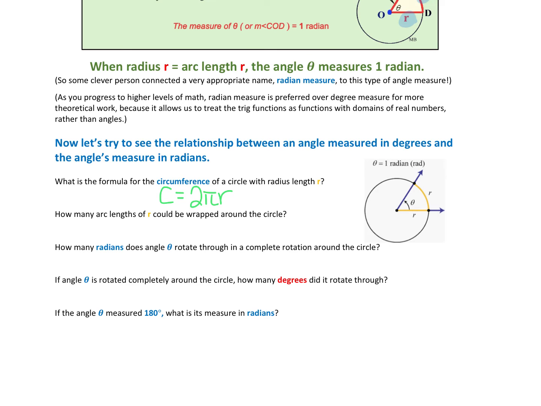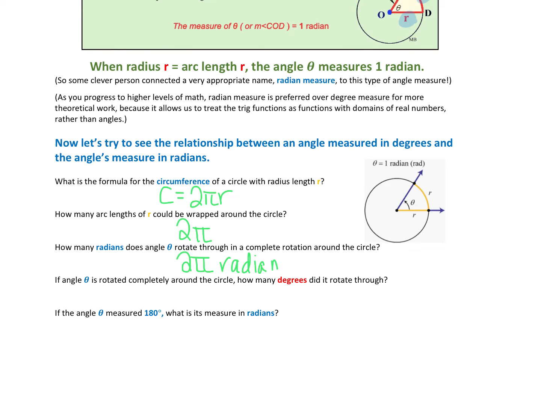So how many arc lengths of r could be wrapped around the circle? Well, if around the circle is 2 pi r, then it would be 2 pi. How many radians does angle theta rotate through in a complete rotation? Again, 2 pi radians.